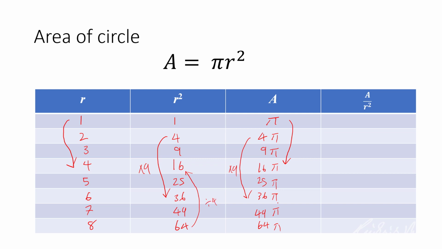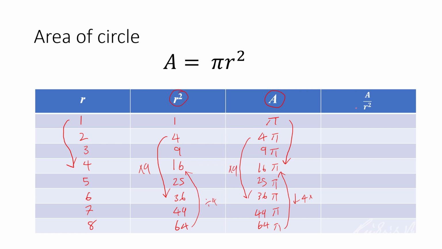Decrease by 4 times. And you can see that the area also decreased by 4 times. So from this, we can see that r squared and the area are actually directly proportional.